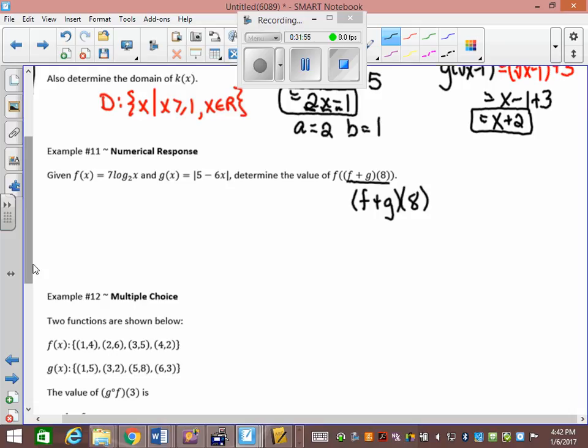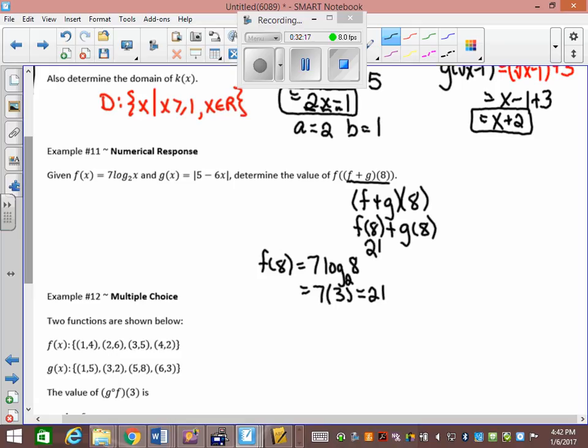First off, I told you never to write it like that. Rewrite it as f of 8 plus g of 8 first. Okay? So we're going to find f of 8. f of 8 is 7 log base 2 of 8, which is 7 times 3, which is 21.